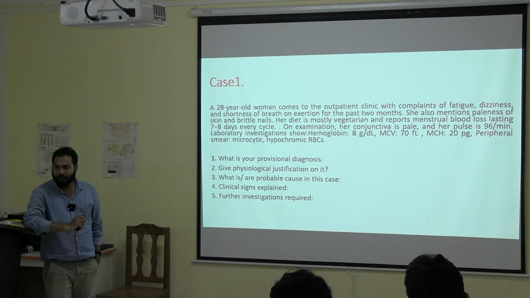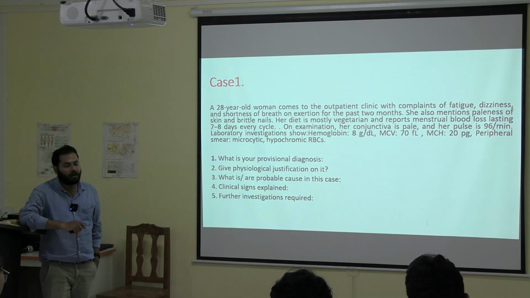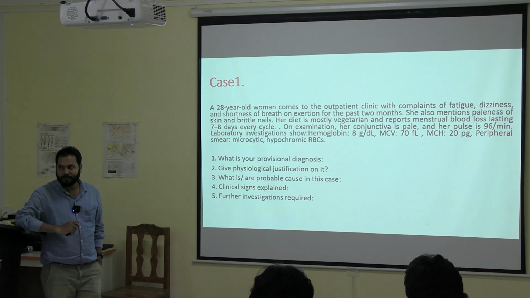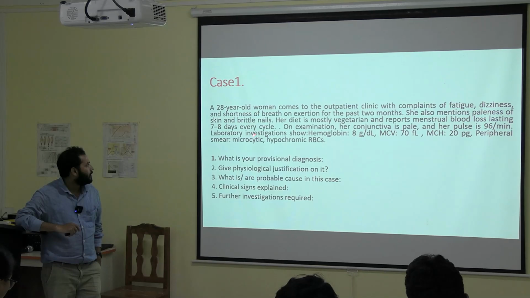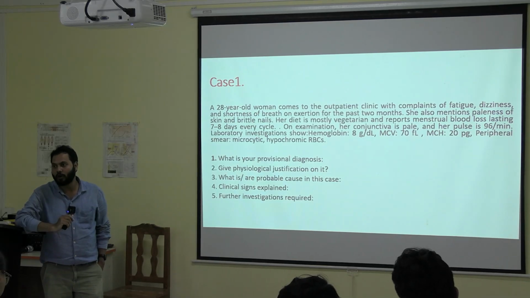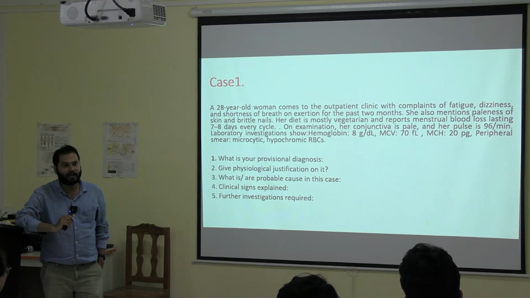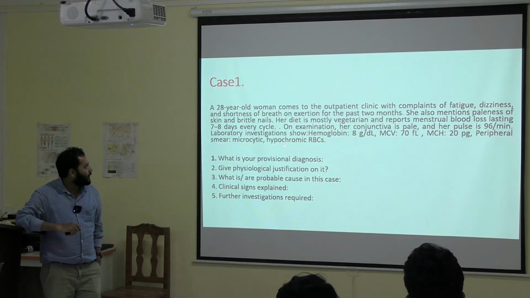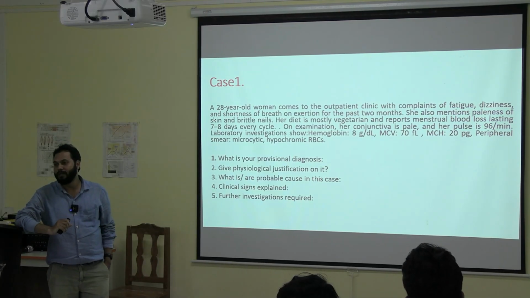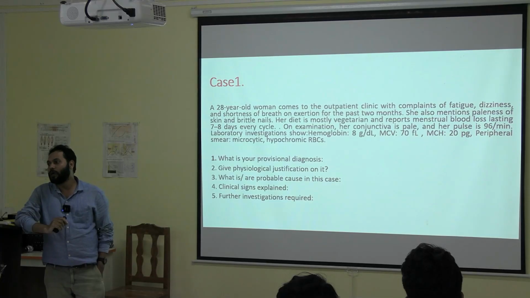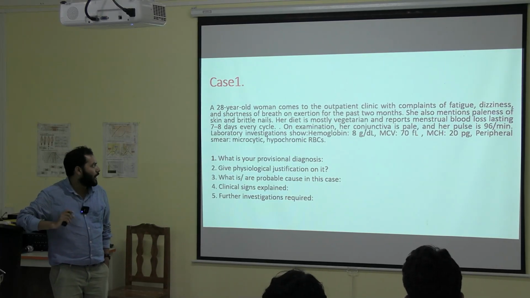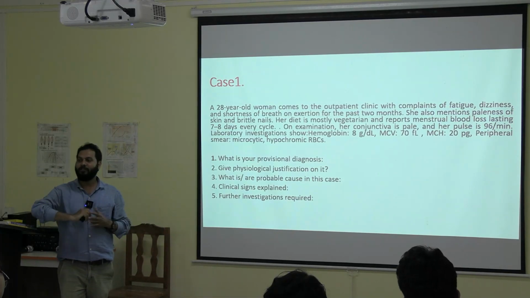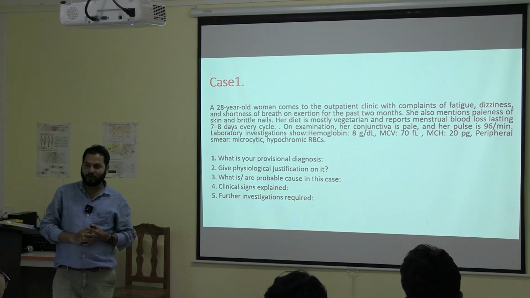The mean corpuscular volumes as well as mean corpuscular hemoglobin is also less than normal. If you see the patterns of the blood cells, like the microcytic, which is not normal size, less than normal size, right? At the same time, it is hypochromic RBCs, means the RBC doesn't contain the sufficient amount of hemoglobin. That is why it is called hypochromic. Now, based on the informations, what is your provisional diagnosis?